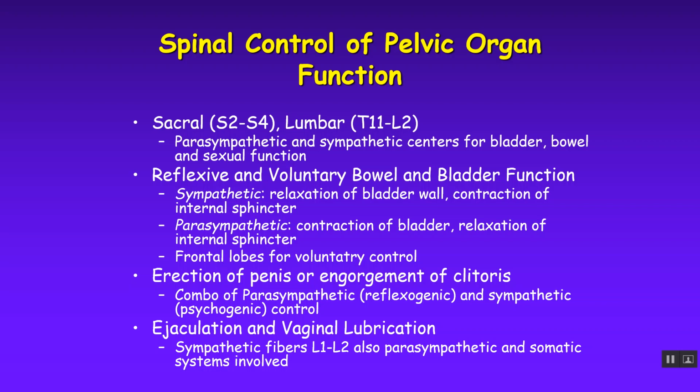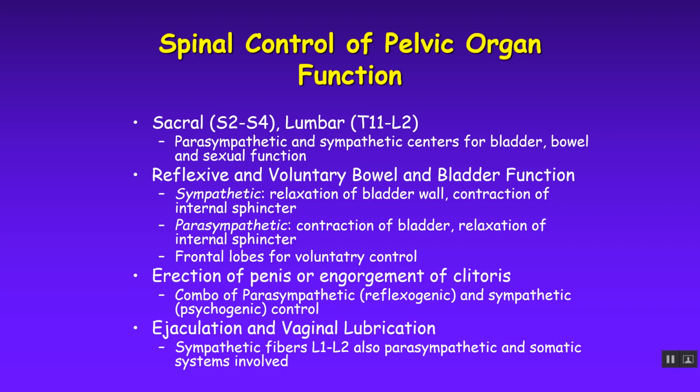So for both erection and engorgement, the parasympathetic system, those S2 to S4 segments, is a reflex response. You stimulate the penis or the clitoris, and it just will happen, okay? As long as that reflex loop through those S2 to S4 segments is intact, you can get a reflex erection or clitoral engorgement.